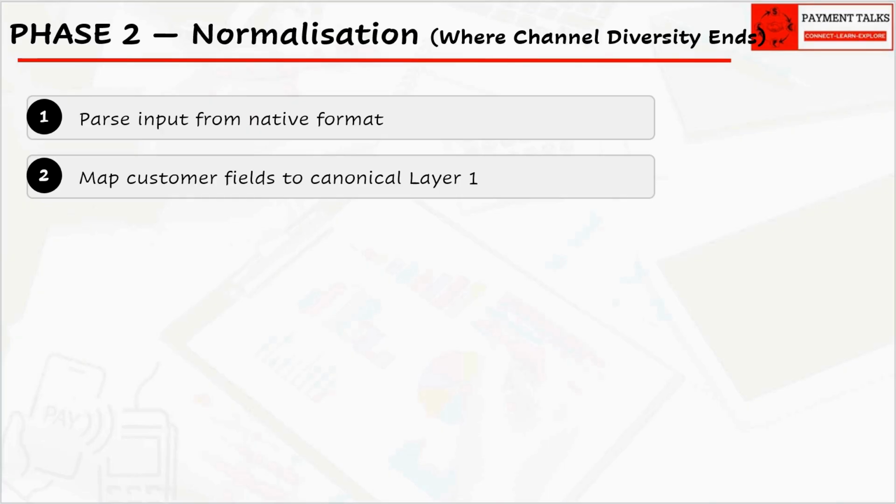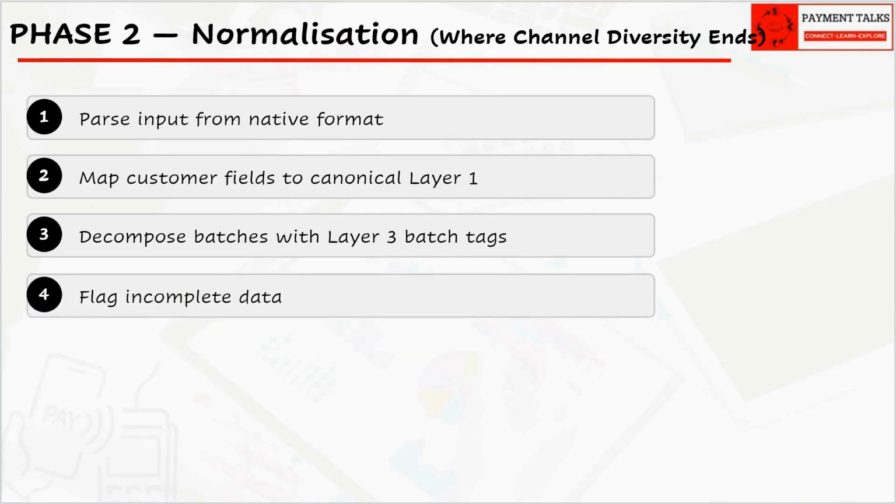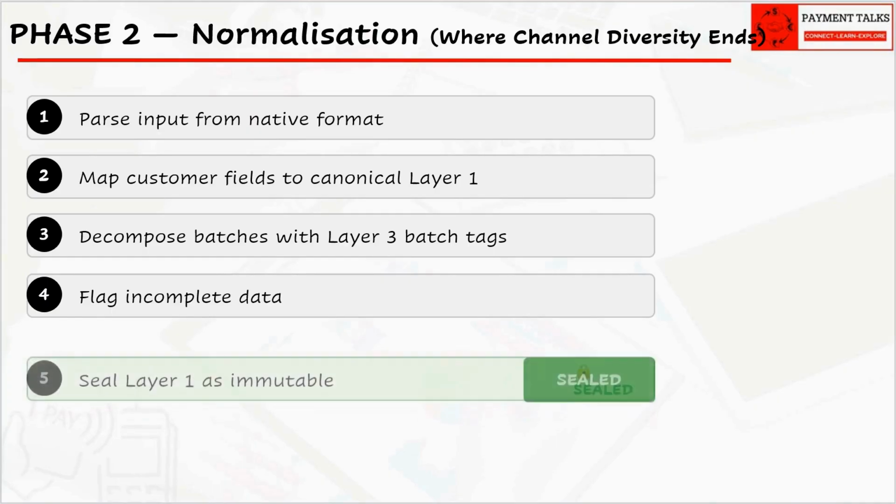If it is a batch, decompose it into individual canonical instructions and tag each with layer 3 batch metadata. Flag any incomplete or missing data that the enrichment service will need to address. Absent IBAN, missing regulatory data, corporate UTR pending decision. Seal layer 1 as immutable.